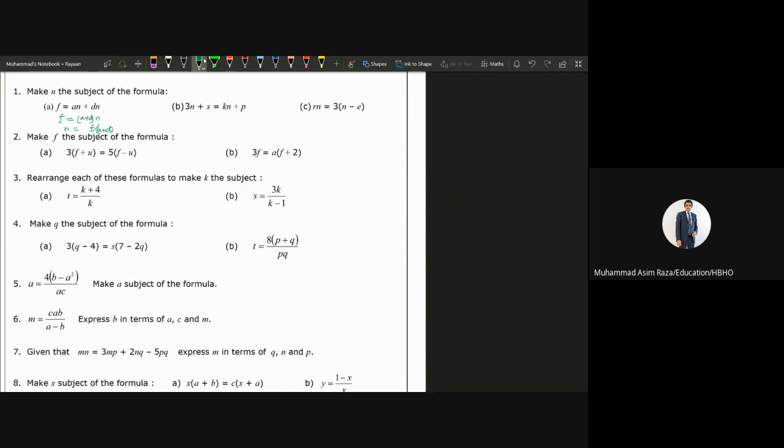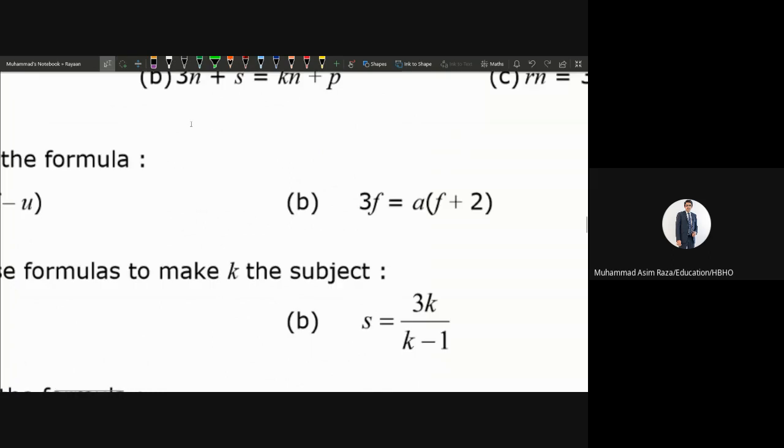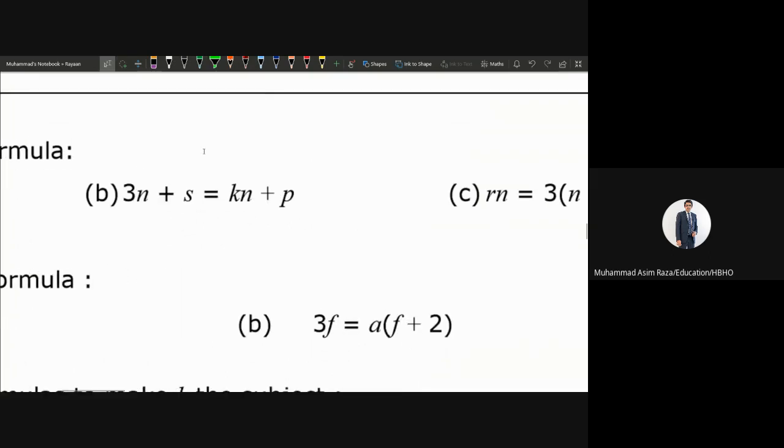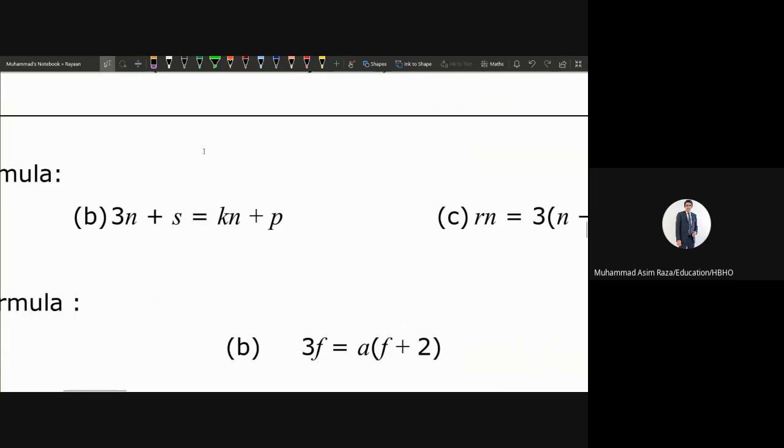And if you want to make n the subject, can you tell me what should I do? I have to make n the subject of the formula. No, no. You write down all those terms which contain n on one side.